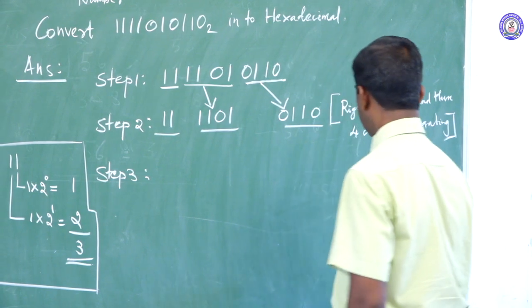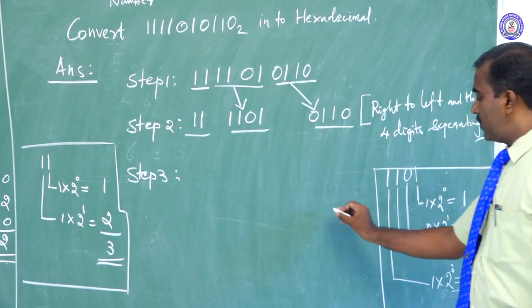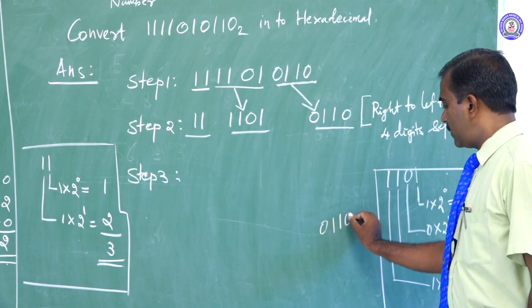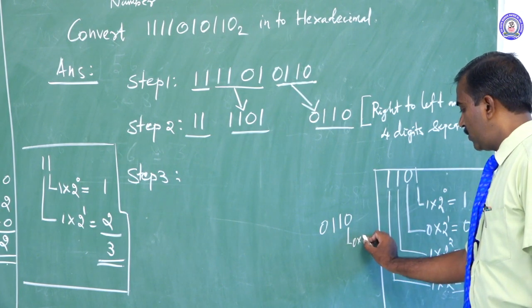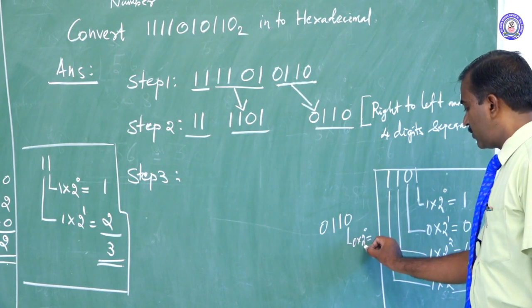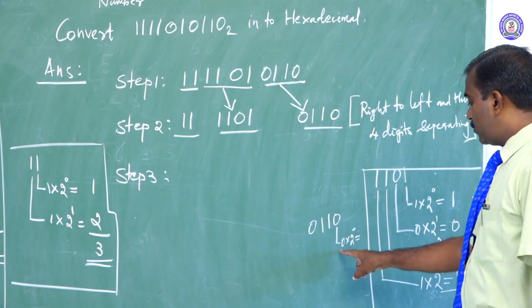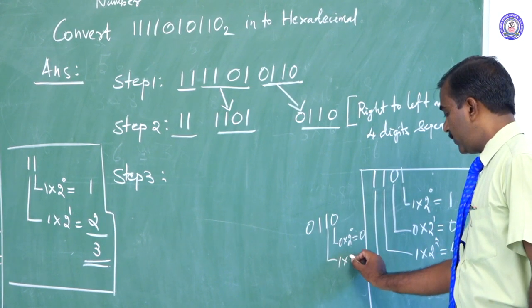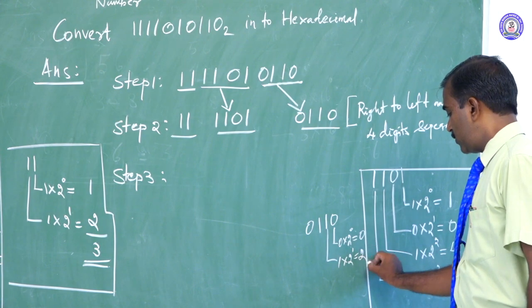Next, the last one is here 0 1 1 0. Now 0 into 2 to the power of 0: anything to the power 0 equals 1, so 0 into 1 equals 0. Here 1 into 2 to the power of 1 equals 2.